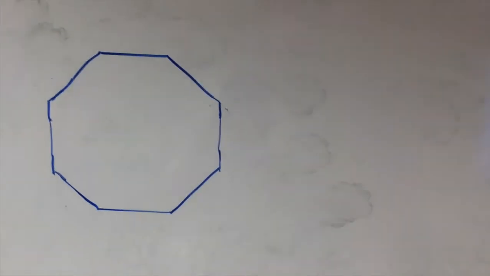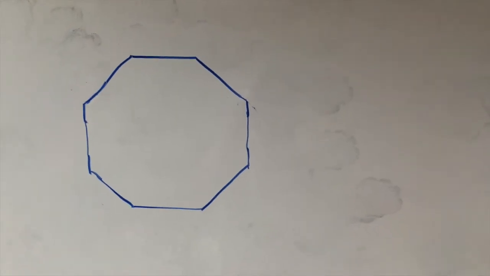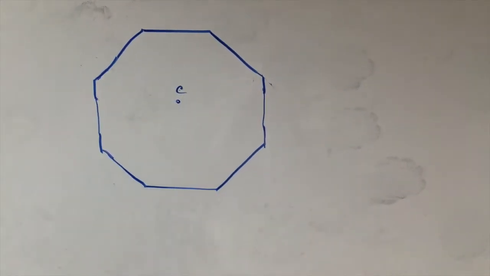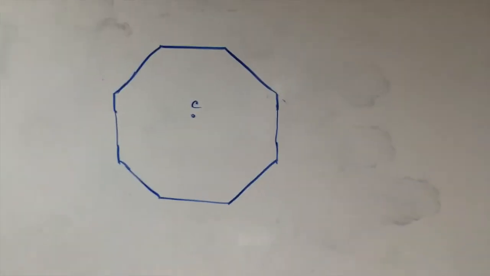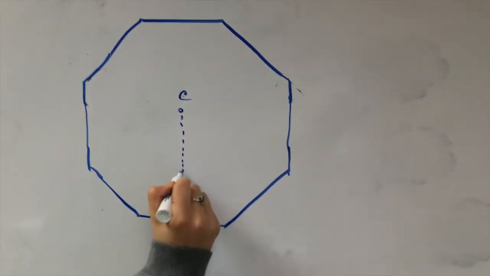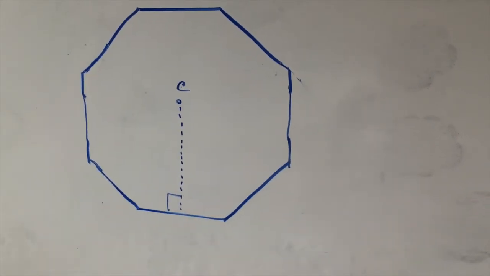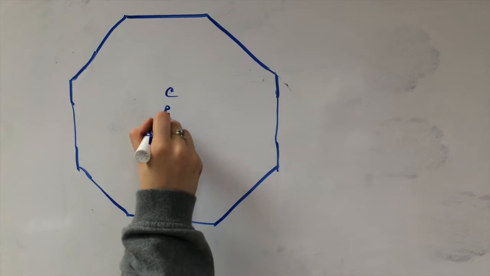Okay, so here we have an octagon, and the center point is C, and we are trying to find the area of this. So first we're going to split it up into right triangles, as many as we have to for all of them to be right triangles.